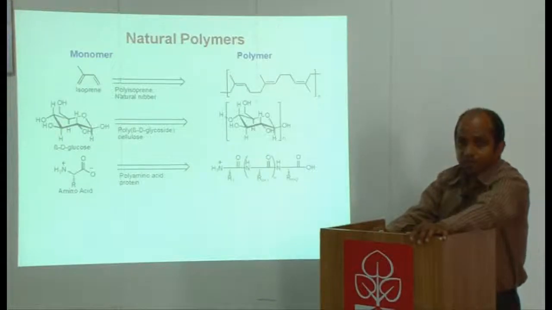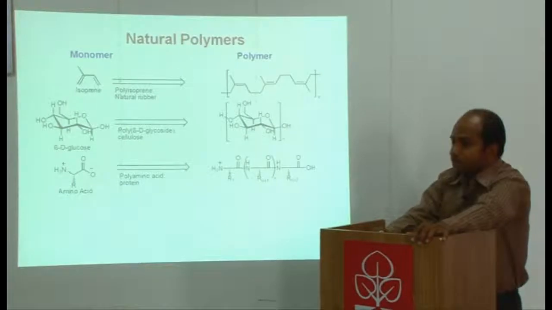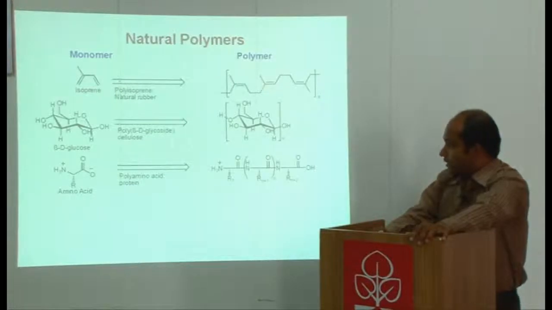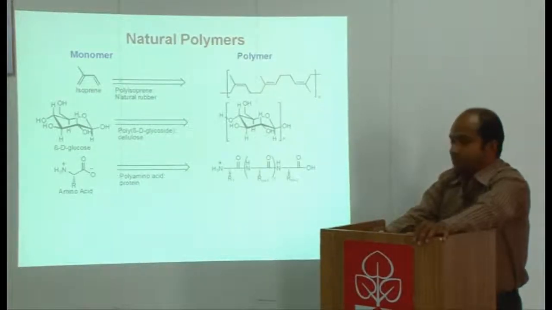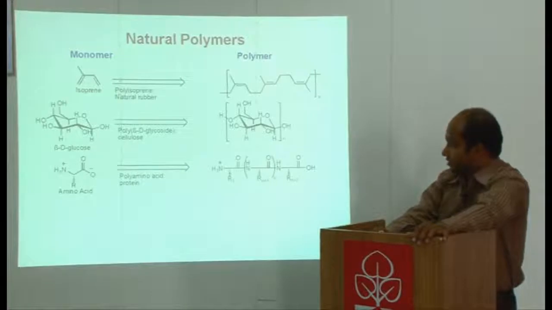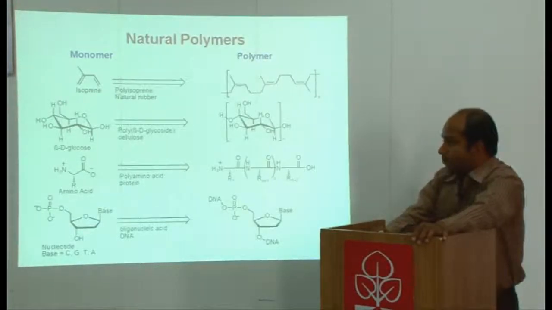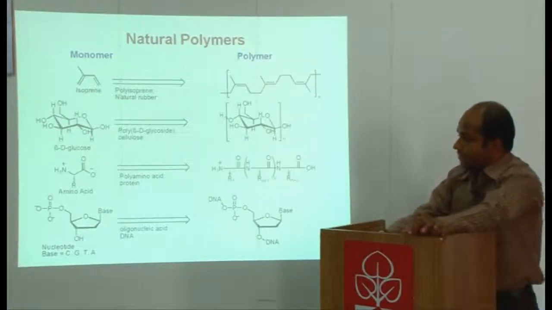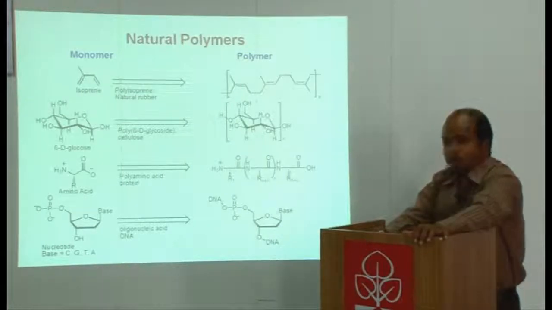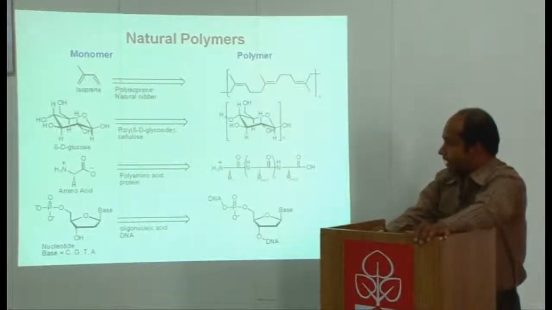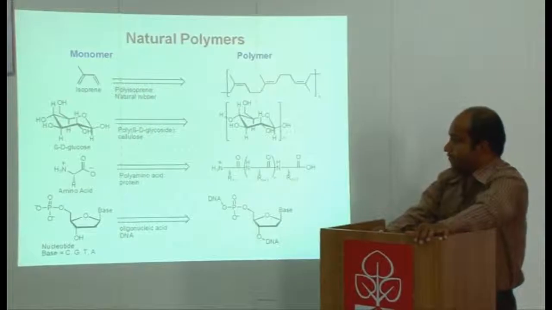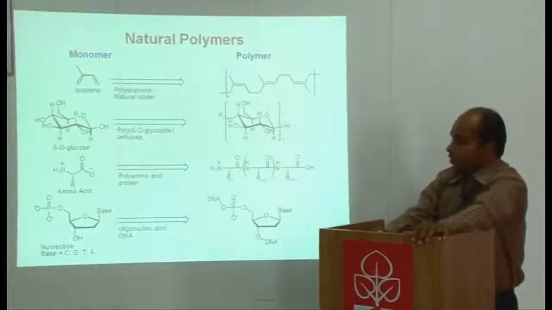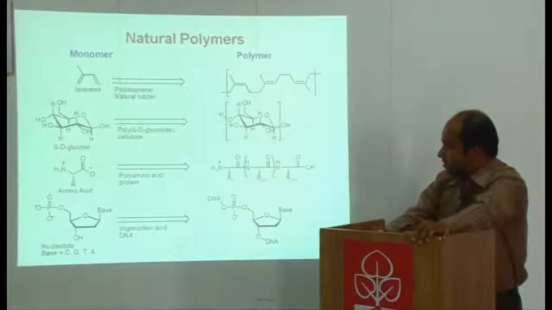Similarly, you have a protein. Protein is nothing but a polymer made up of several small units which are amino acids, and these are connected by the C double bond O NH linkage. And more importantly, in the cells you have nucleotides, and these are very important as far as the body functions are concerned.